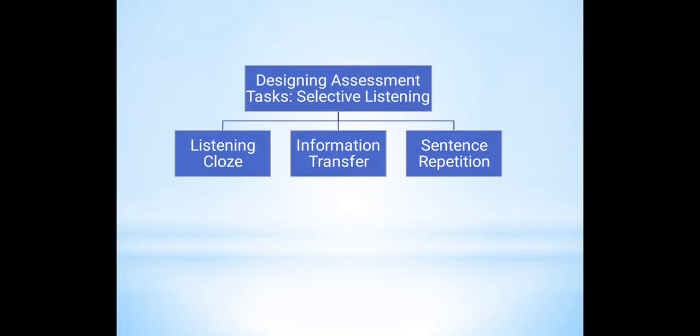Listening cloze tasks, sometimes called cloze dictation or partial dictation, require the test taker to listen to a story, monologue, or conversation and simultaneously read the written text in which selected words or paraphrases have been deleted.